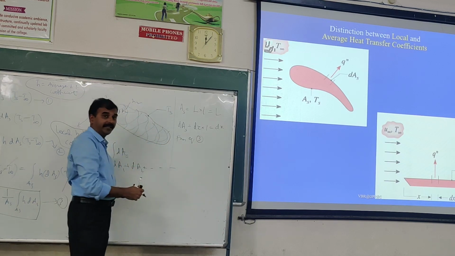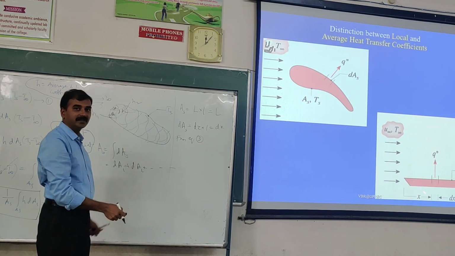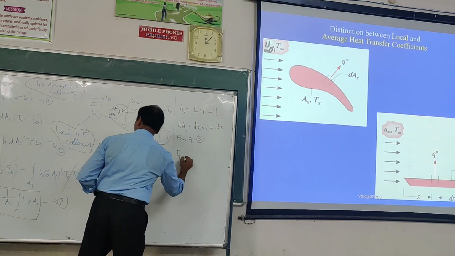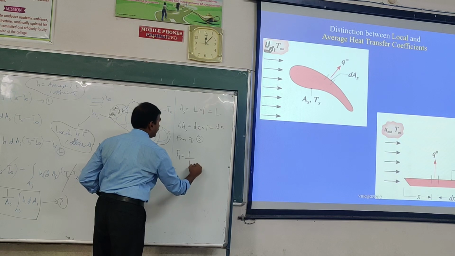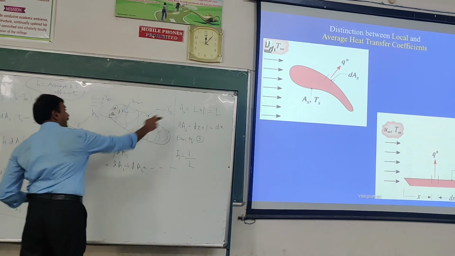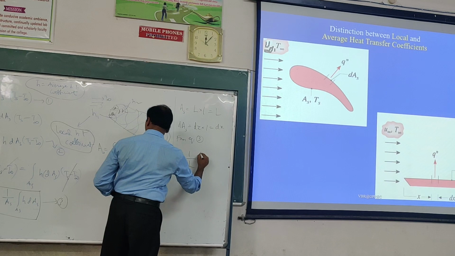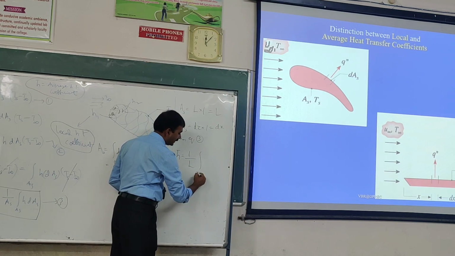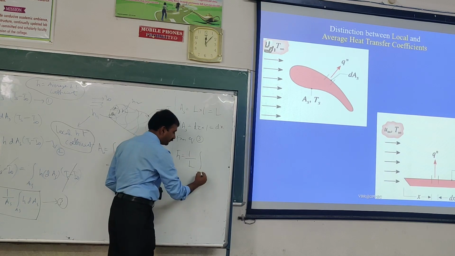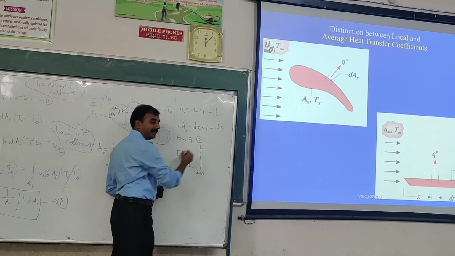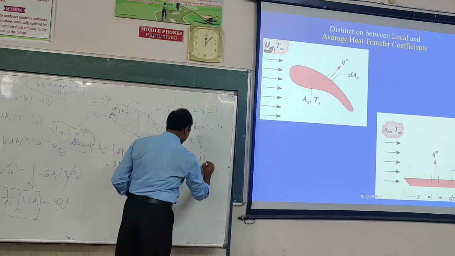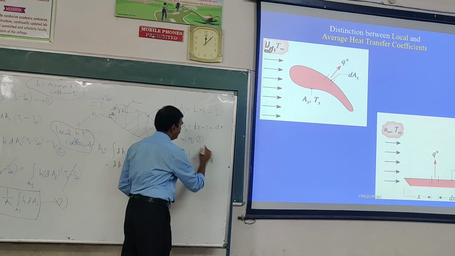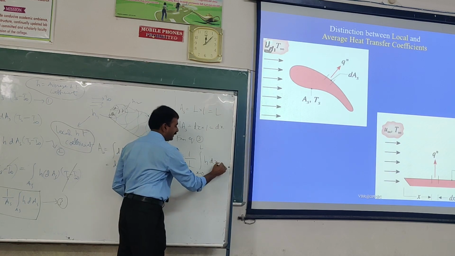From equation 3, for this configuration, for a flat plate, it's a special case that we are assuming. h bar is equal to 1 by L, because AS is equal to L, into integral, now integrated over x, x varies from 0 to L, of h, that is the local heat transfer coefficient, into dAs, which is dx.